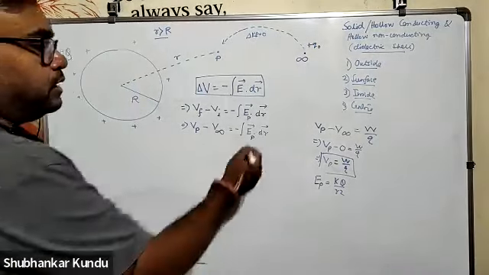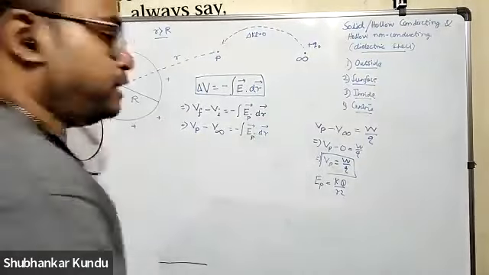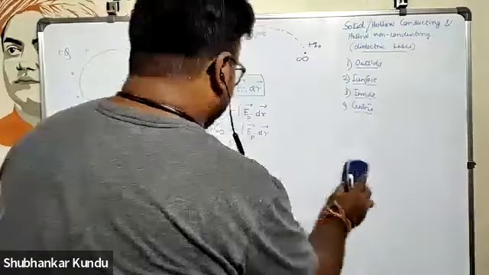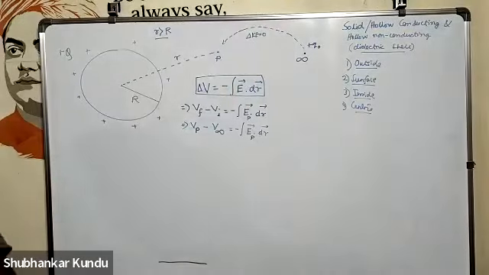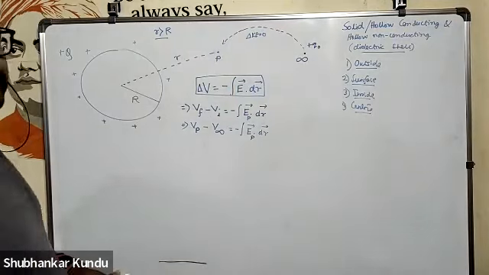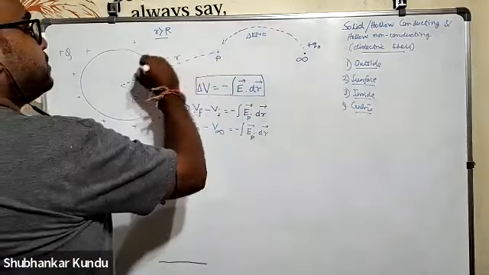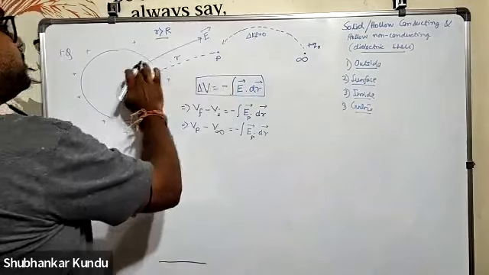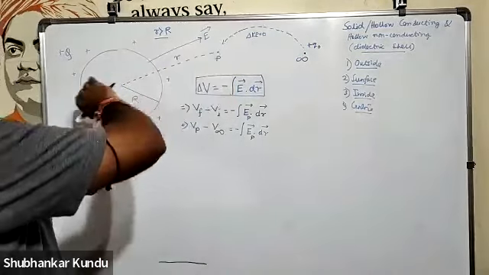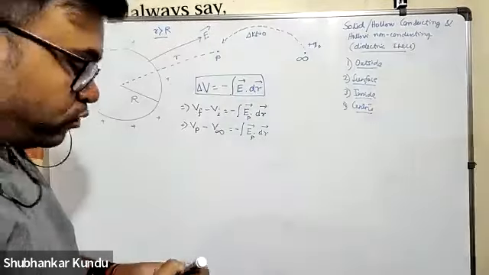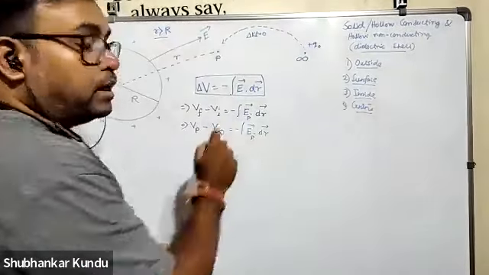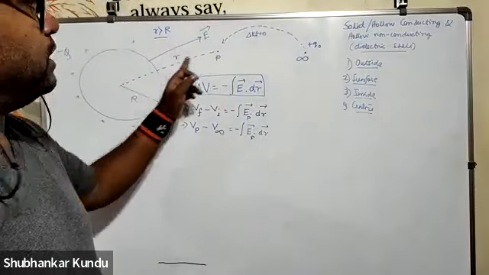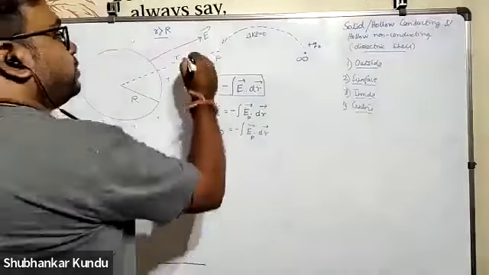Now, say me one thing. E·dr will give us E dr cos theta. Theta is the angle between E and dr. What is the direction of E? The direction of the electric field is always away from the positive charge. And the direction of dr, distance always from the center, will also be in this way.